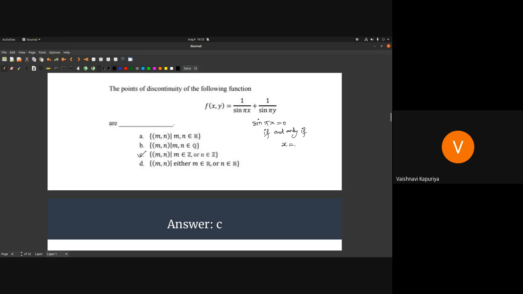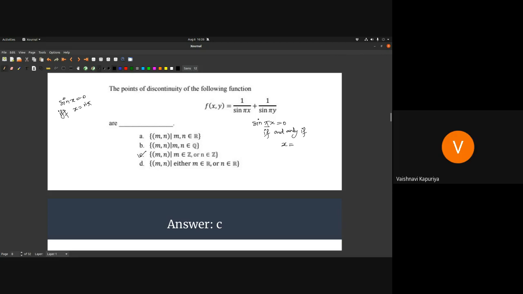Yes, sir. Why do you need that n times pi? See, there is a pi already there, right? Because we know that sine x is 0. First let's see when sine x is 0. So sine x is 0 if and only if x is equal to n times pi, right?